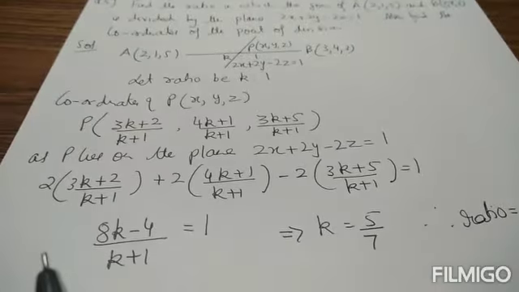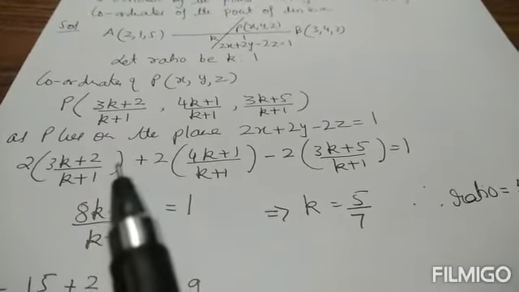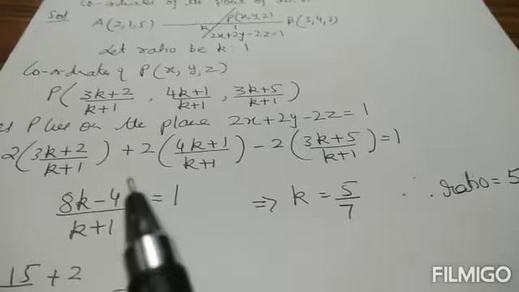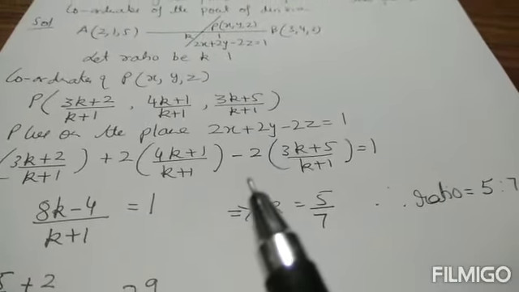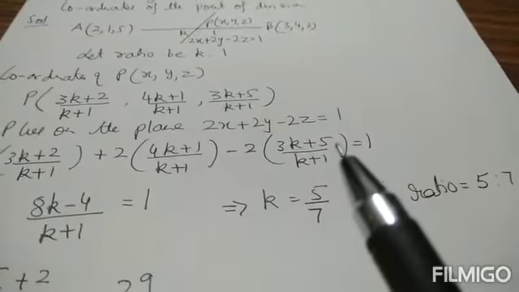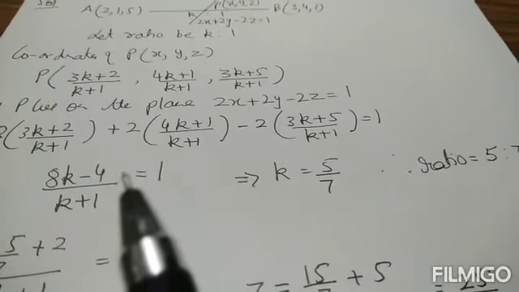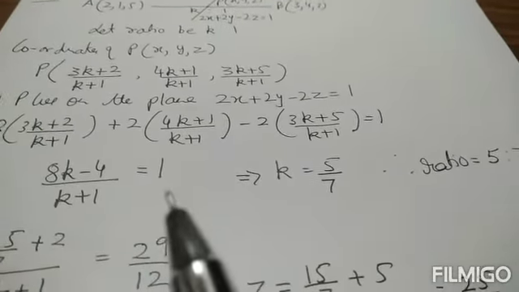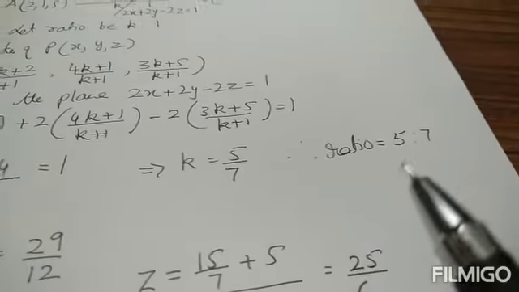So putting x, y, z in the equation of plane, we have 2 into (3k plus 2) upon (k plus 1) plus 2 into (4k plus 1) upon (k plus 1) minus 2 into (3k plus 5) upon (k plus 1) is equal to 1. So (8k minus 4) upon (k plus 1) is equal to 1. So k is equal to 5 by 7. So the required ratio is 5 is to 7.